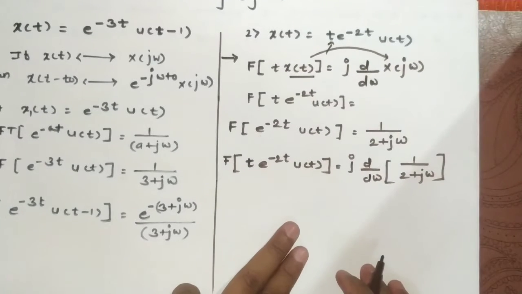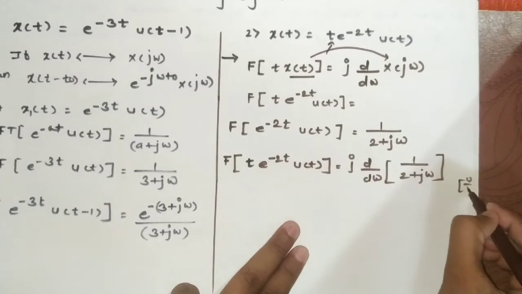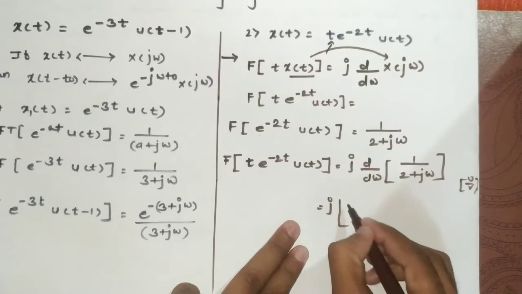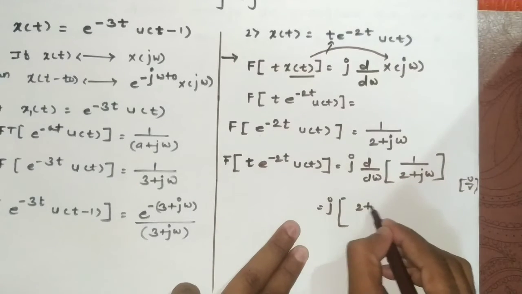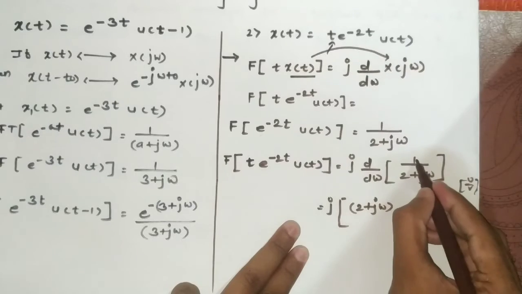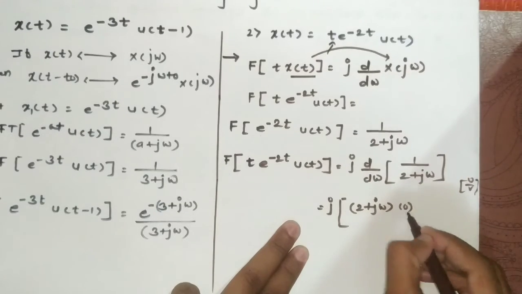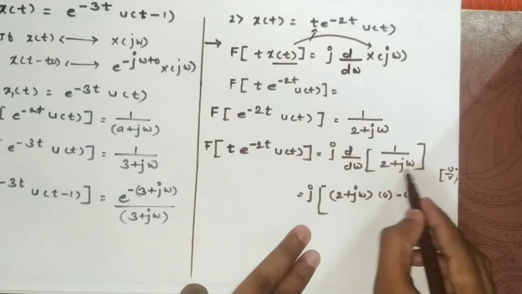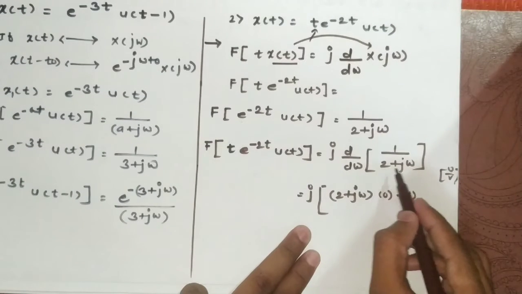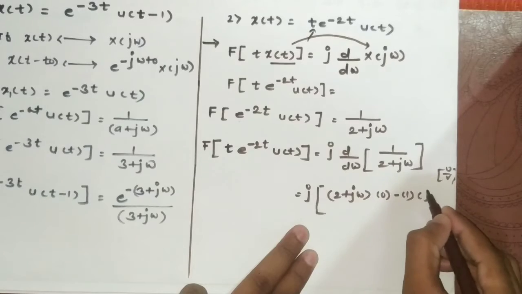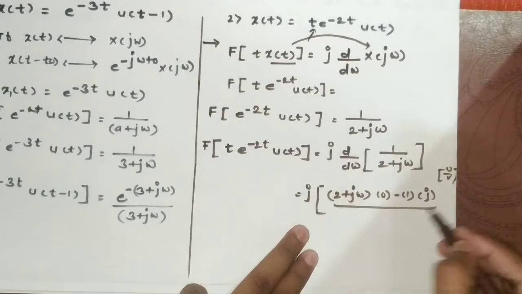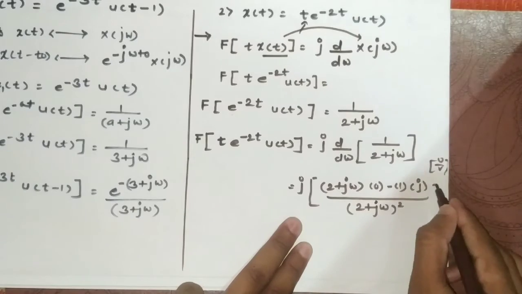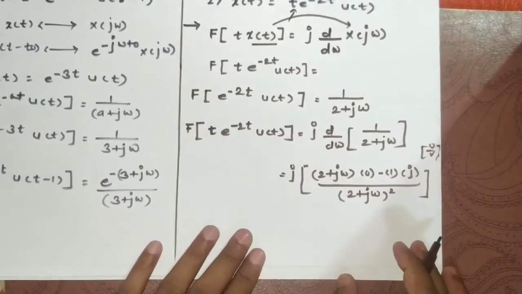For that we have to use the formula called the u by v rule. j I am keeping as it is, 2 plus j omega into the differentiation of 1, which is definitely 0, minus 1 into the differentiation of this term, where the differentiation of 2 is 0 and of j omega is only j, divided by v square, that is 2 plus j omega whole square. This is the u by v rule.